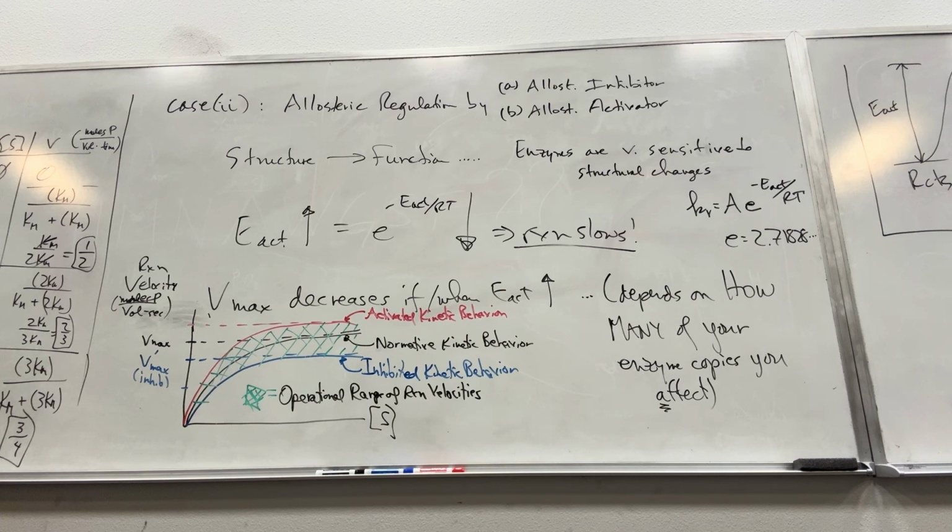Does that make sense? So you can go as fast as you can based off how many copies of the machine you have, and Kcat, which is regulated by structural changes, effects on the activation energy, which is related to the activation energy graph that he has over there.